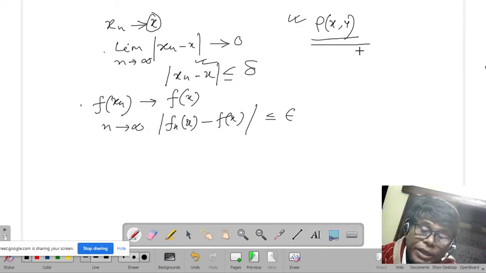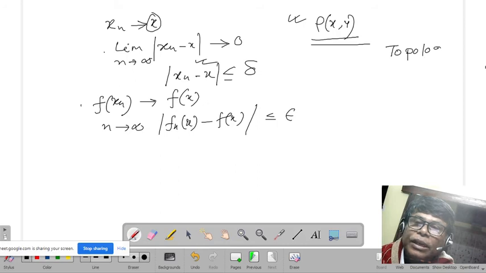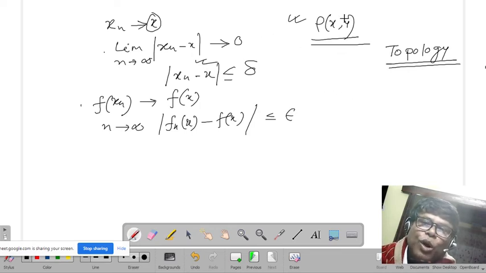Now metric space is the beginning of the study of topology. All metric spaces are topological spaces, but not vice versa; that is, not all topological spaces are metric spaces. Now topology studies the form of an object, and metric space also deals with form.